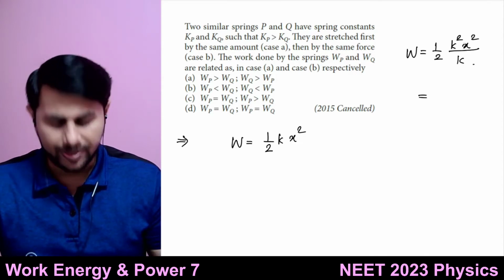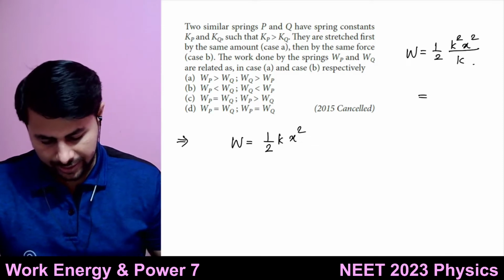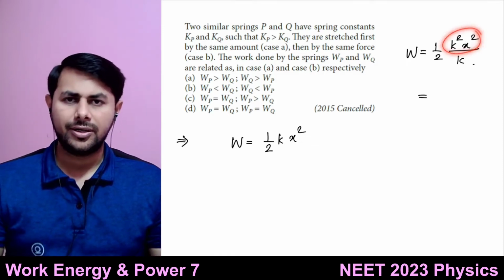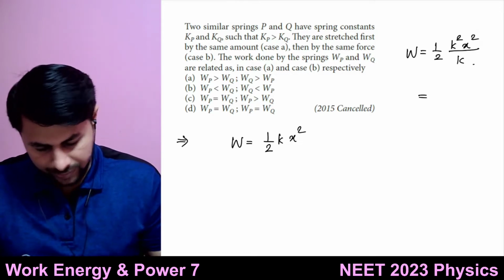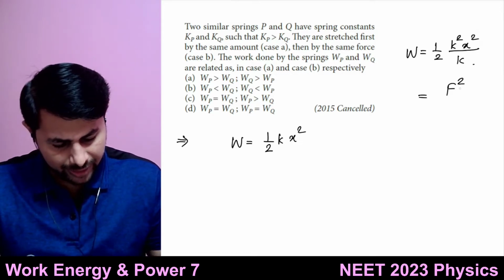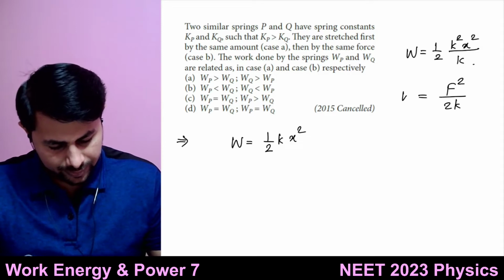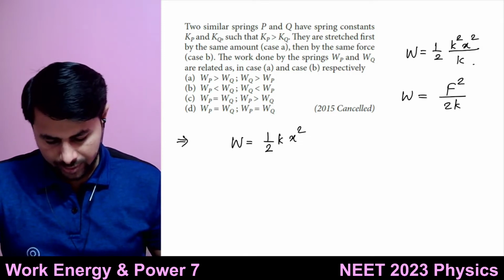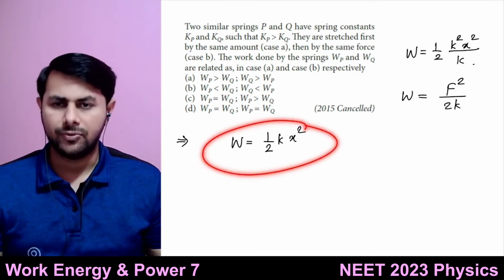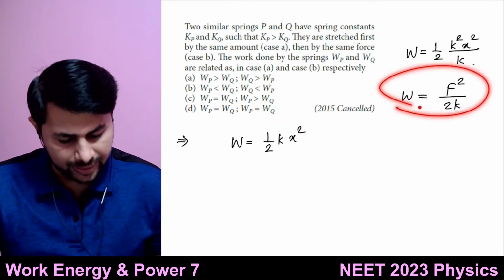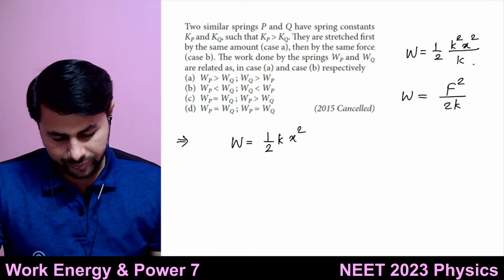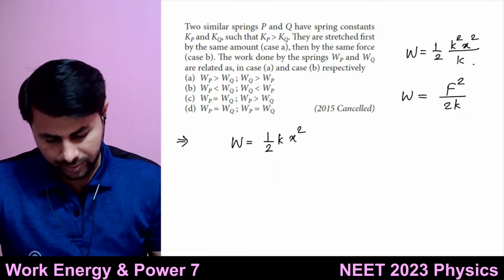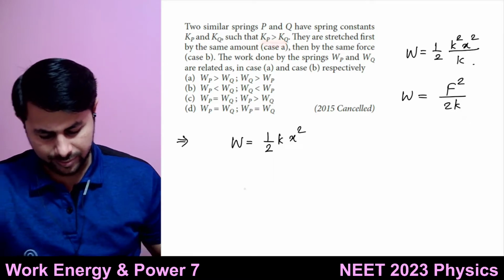So we multiply and divide by k such that the numerator is force square, because kx is the force. So it is F square upon 2k, right? In the first case, we'll use this formula; in the second case, we'll use this formula. So which is the answer? Kp is greater than Kq.